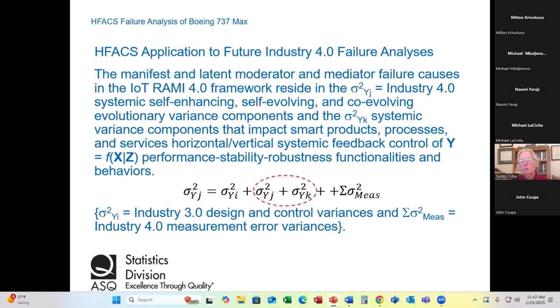Performance, stability, robustness, functionalities. Now notice, how many of you took control theory as an undergraduate? If you'll recall from undergraduate, there is a trade-off between performance and stability. I can increase the gain, the performance gain, but I do that at the expense of stability.